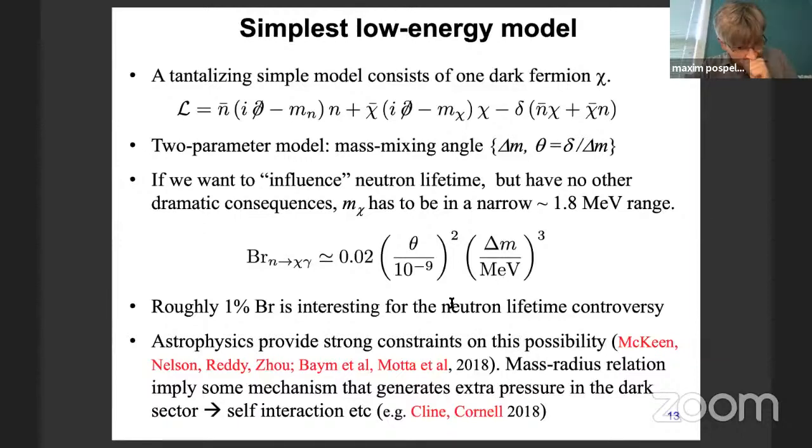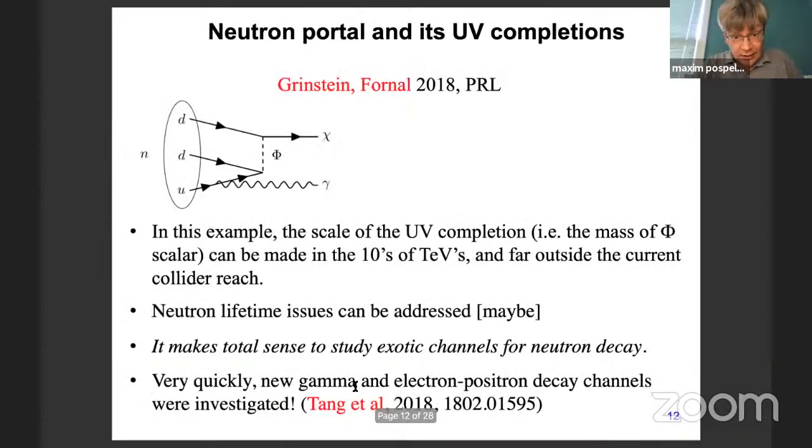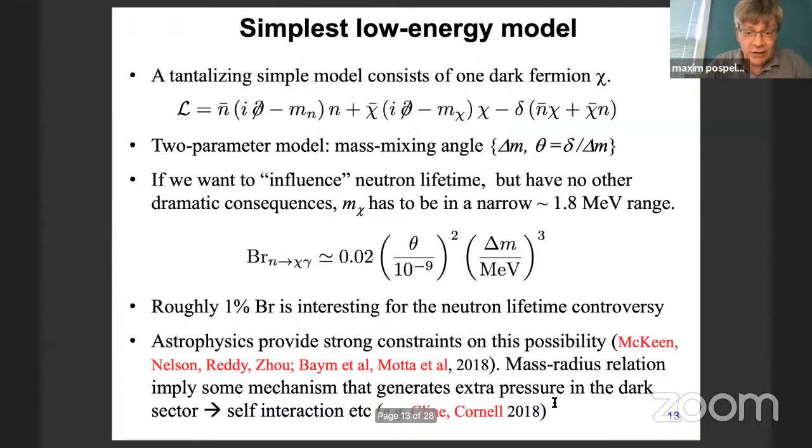And the prediction is that you should have a gamma line of some sort. There was a super speedy measurement performed by our nuclear colleagues, within a month or so after the publication of the Greenstein-Fornal paper, to try to actually detect these gamma lines, and they haven't seen anything, so they can put meaningful constraints.